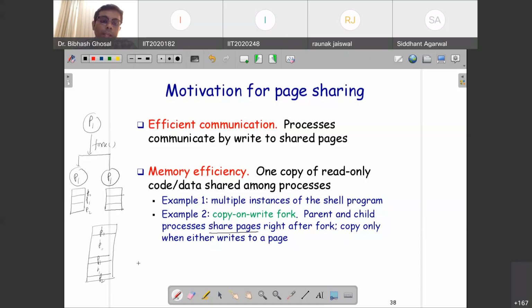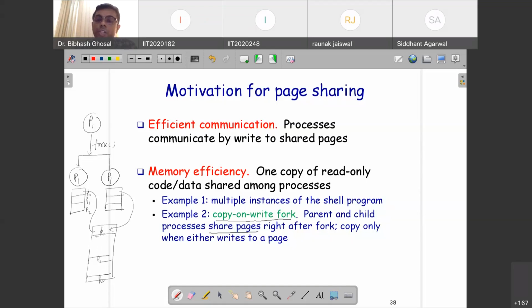No. Because content wise, they are the same thing. Why should I physically have an additional copy of the same content? I just have to have a proper mapping that this will also be mapped to this, this will also be mapped to this. This is all I want. So that is what copy on write says: parent and child share the same pages.